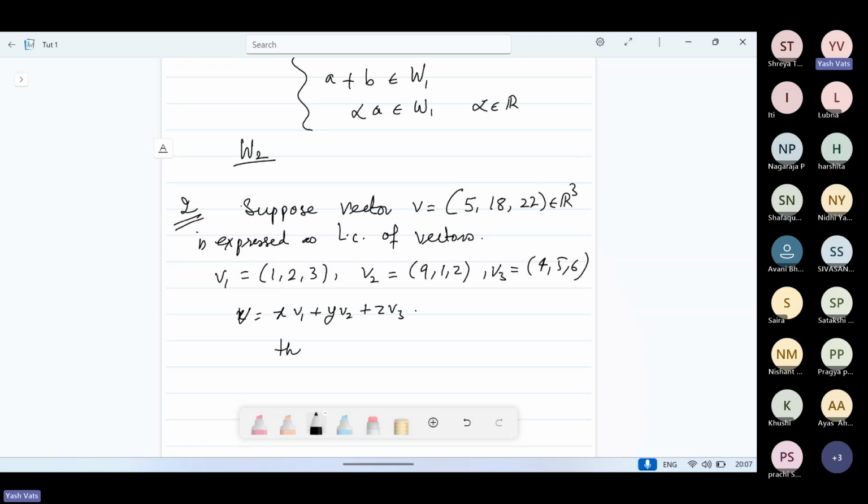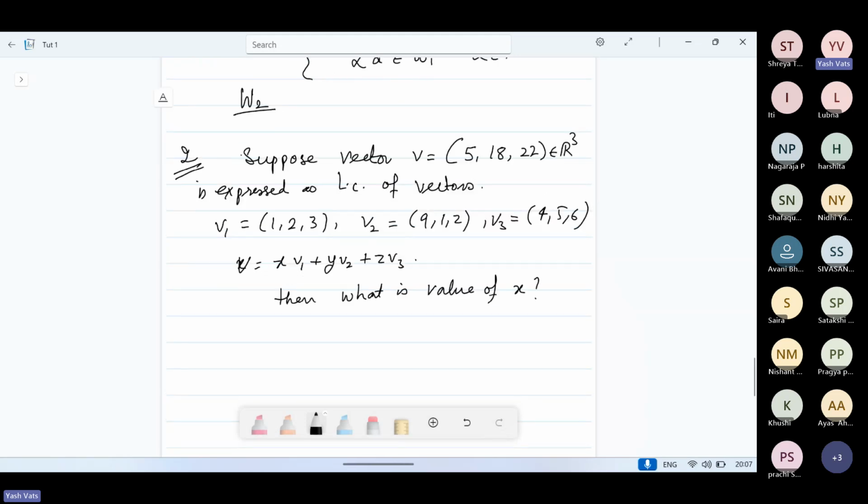Then what is the value of x? Just try to solve it and find the value of x.